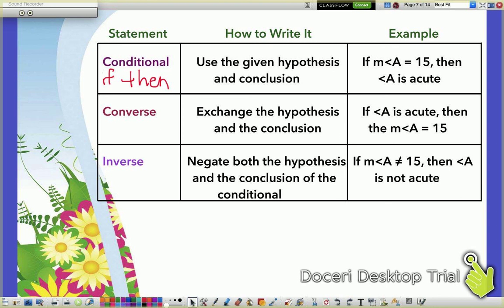And then the inverse is to negate both the hypothesis and the conclusion of the conditional, which means we're going to say if this is not, then this is not. So if the measure of angle A is not equal to 15, then angle A is not acute. Okay? So we're going to be doing some of that and then finding out the truth values of it.